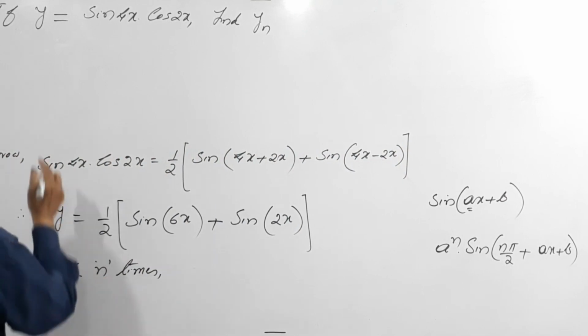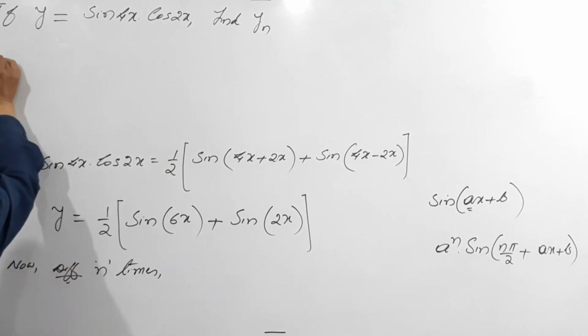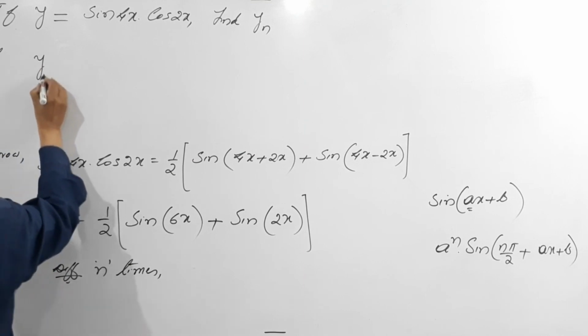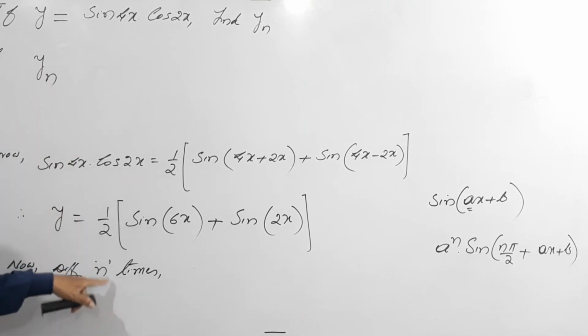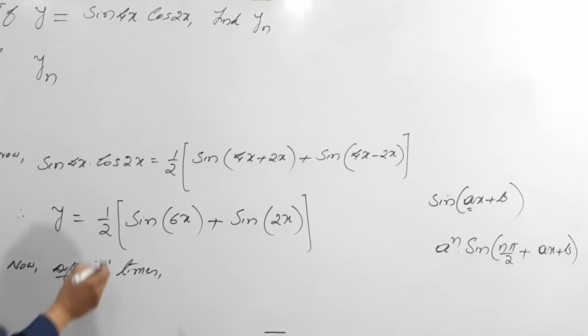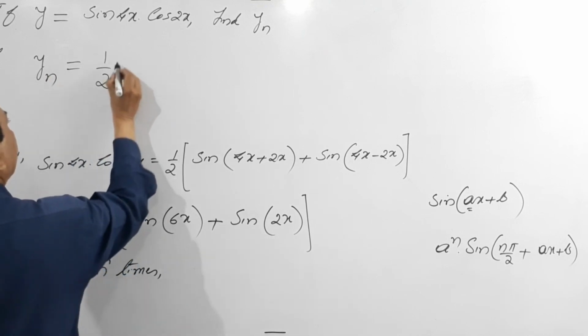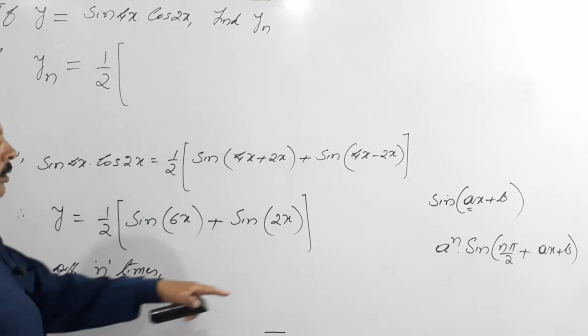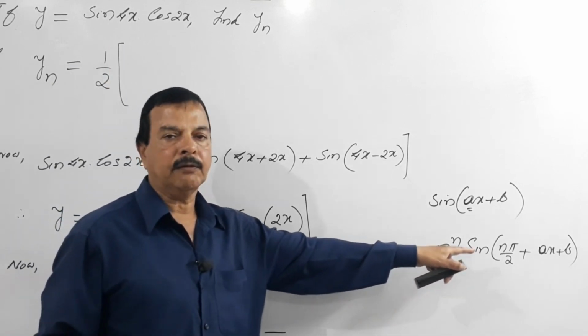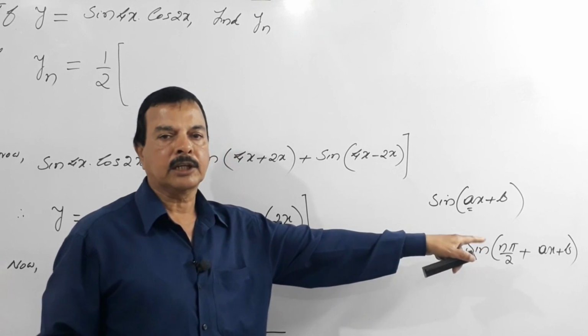Nth time means you have to take y suffix n. So yn equals half as it is, a to the power of n sine of n pi by 2 plus ax plus b.